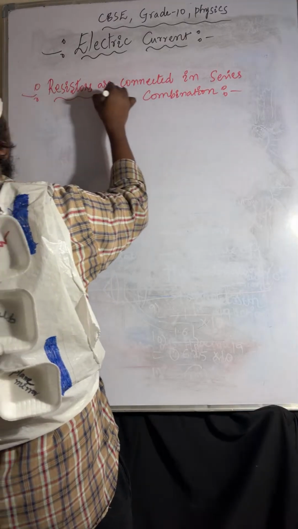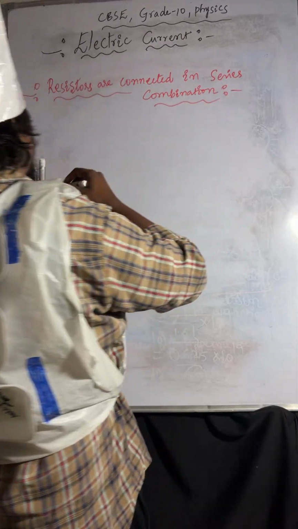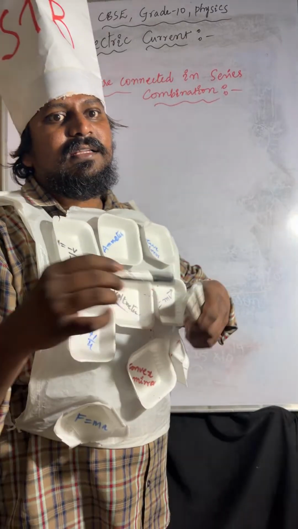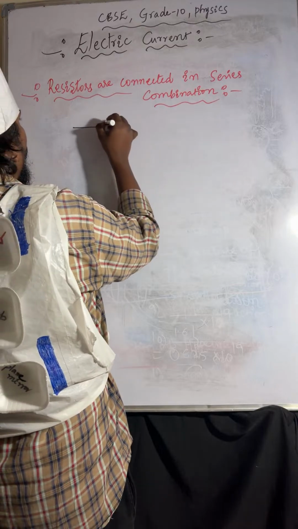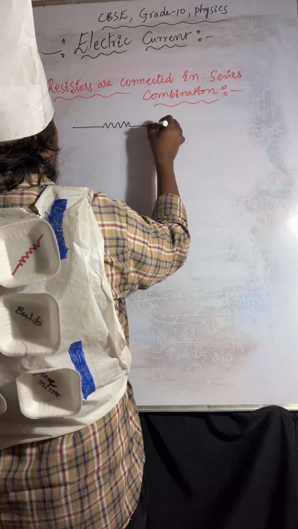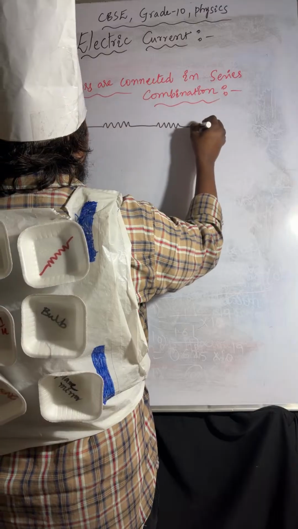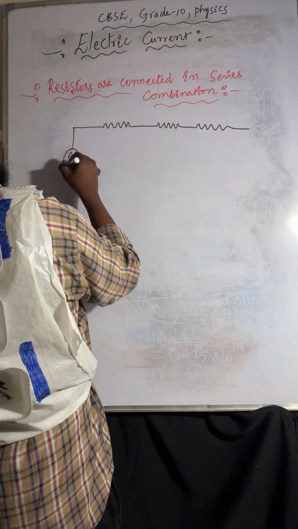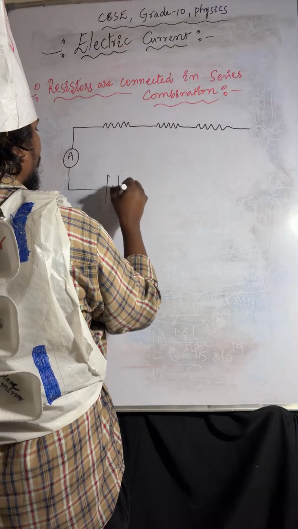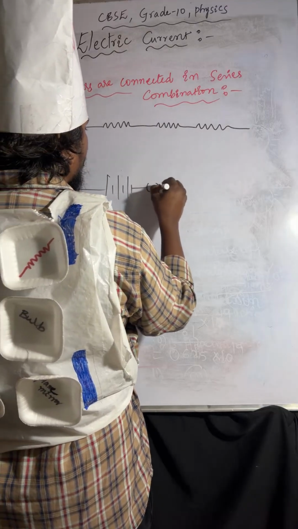I'm connecting resistors in series. Just check once: 1, 2, 3. So ammeter, battery, and here you can see the switch.